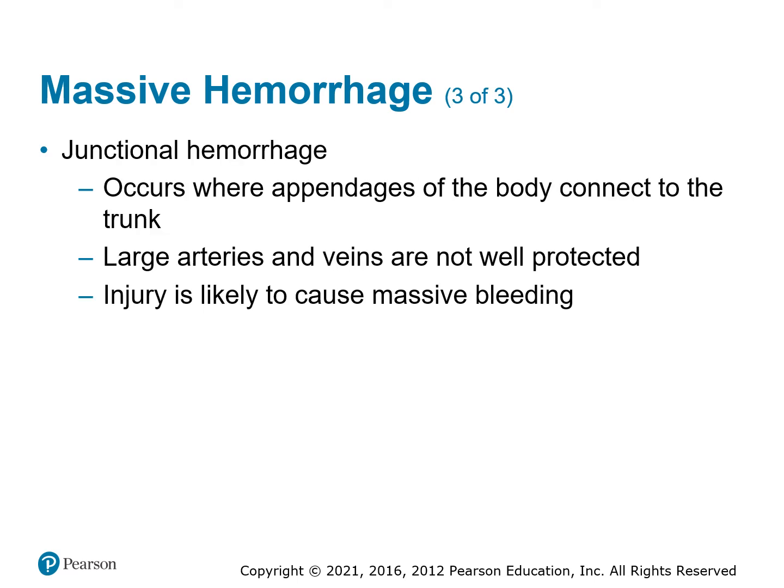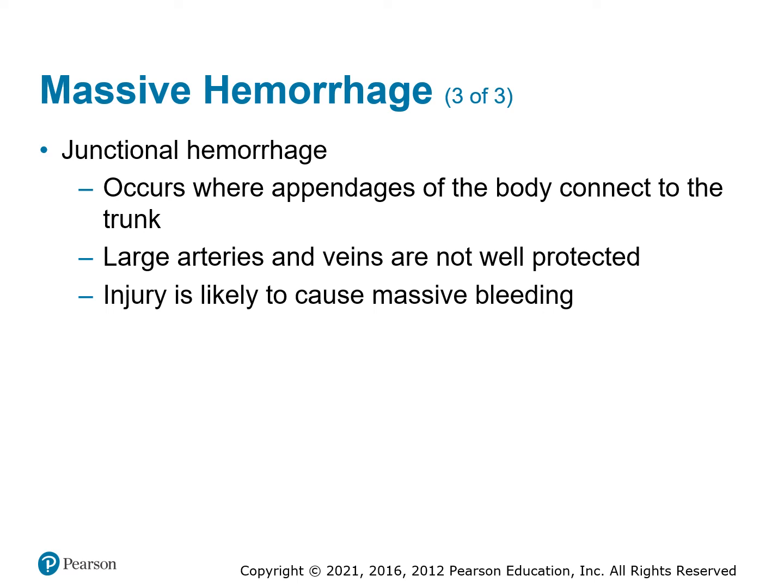Junctional hemorrhage is a hemorrhage that occurs where an appendage of the body connects to the trunk. Basically, if you take your torso, any piece of your body that comes off of that, so each of your legs, each of your arms, and your neck, are what you're looking at here. The problem with these areas is that they have fairly large arteries and veins, and they're not well protected.